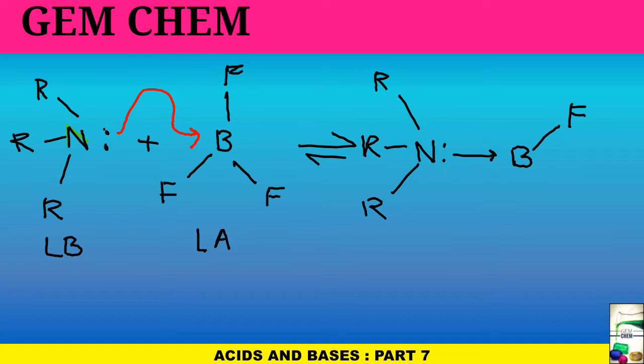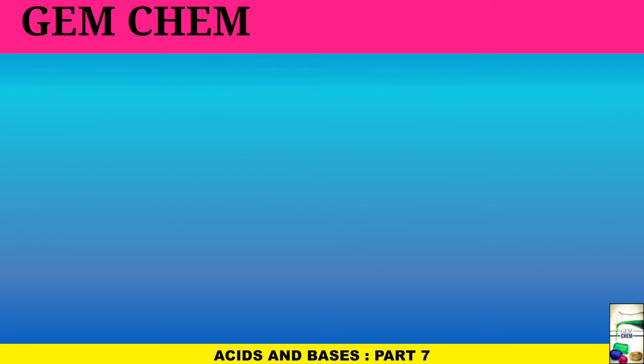Now we will see the next example. This also involves C5H5 minus, which is acting as a Lewis base and donates its negative electron charge density.